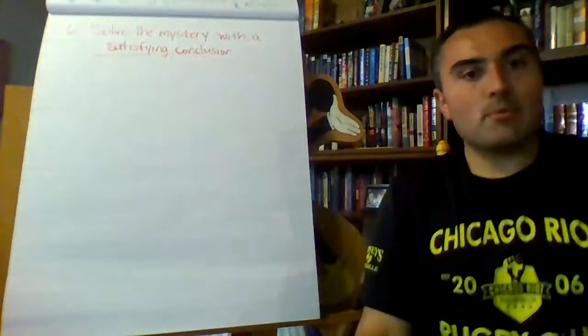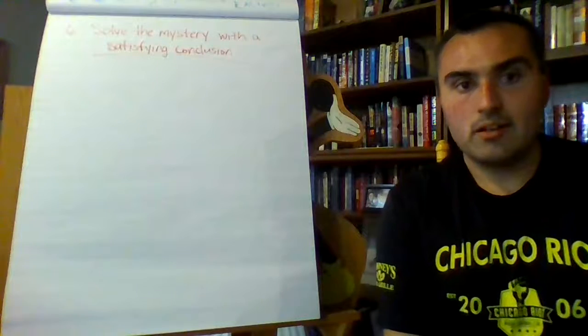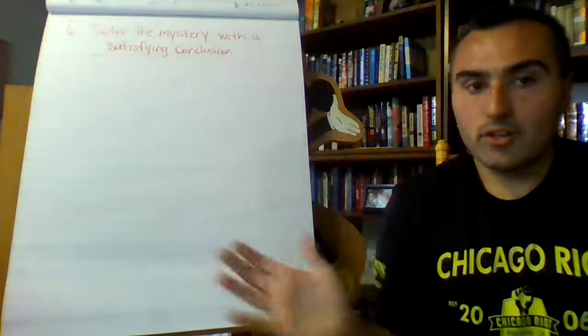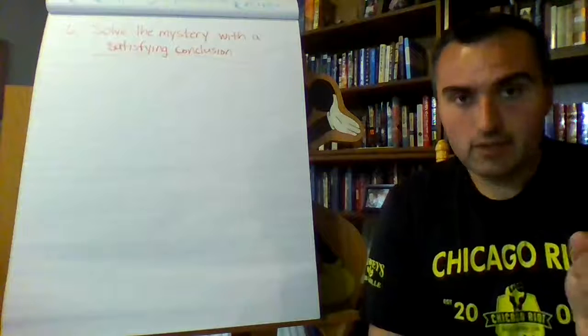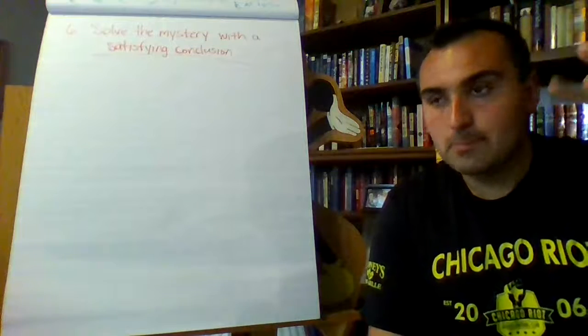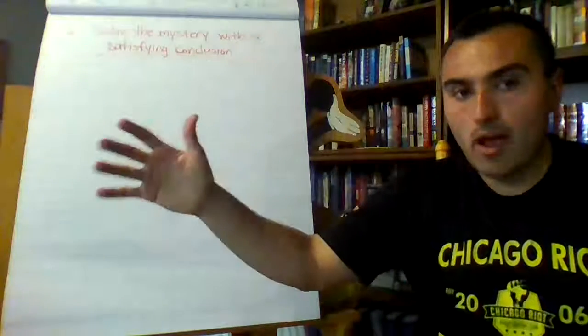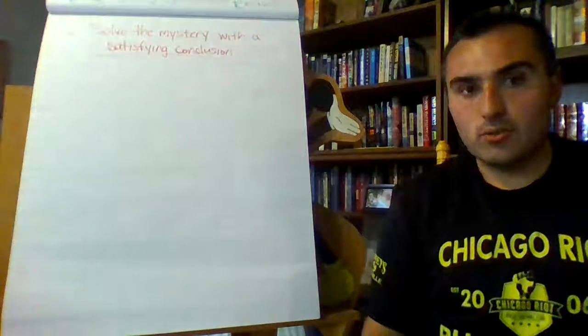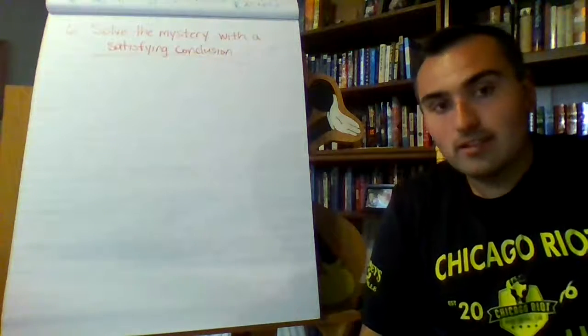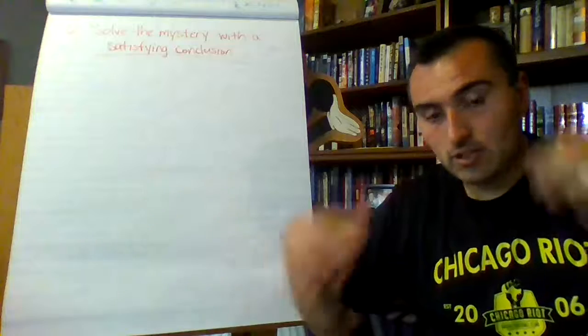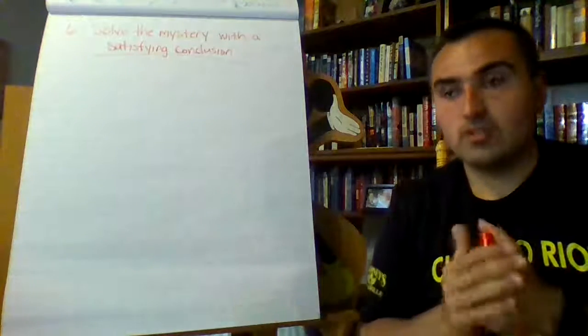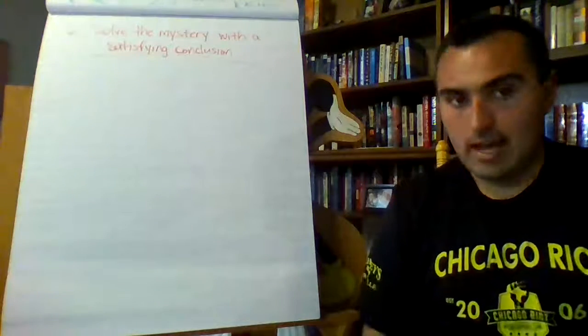But remember, this is just the conclusion. So you will have a good conclusion if you think about what is your crime and how would the crime be solved. So you kind of have a point A and a point B, and your story just adds more details to that.